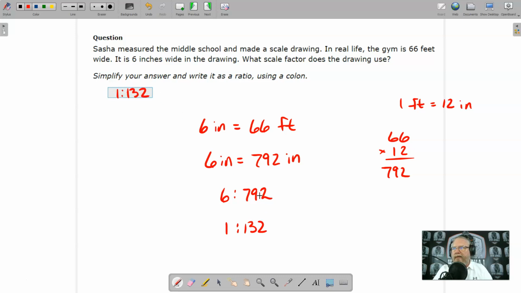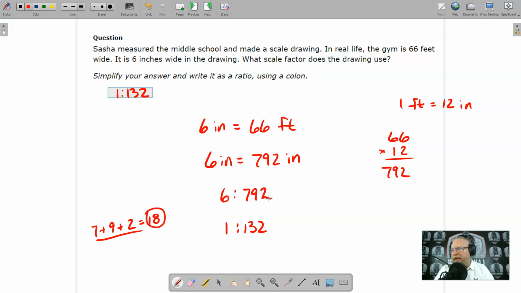Now, I could have checked using divisibility rules for this. Let me see, 7 plus 9 plus 2 equals 18. And 18 is divisible by 3. So 792 would divide by 3.